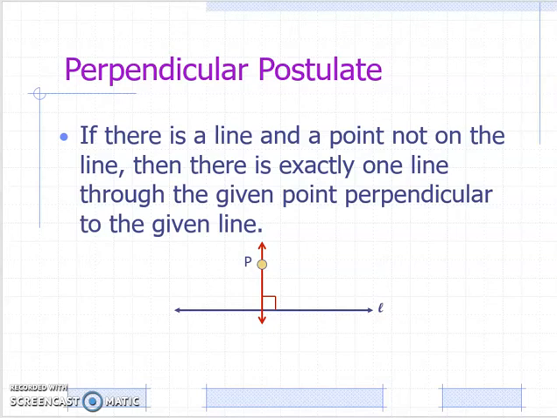And what this law is telling us is that there is only one way that I can draw a line that will form a 90-degree angle that goes through P to L. So you see in red, there's that one line. Notice the line in red goes through P, and when it hits line L, it forms a 90-degree or a right angle. So there's only one line that would go through P that will be perpendicular to L.